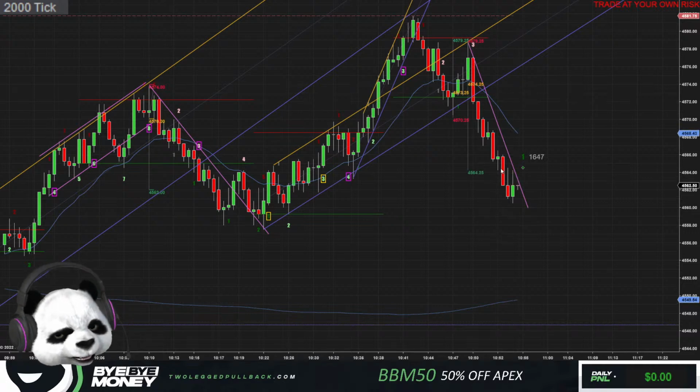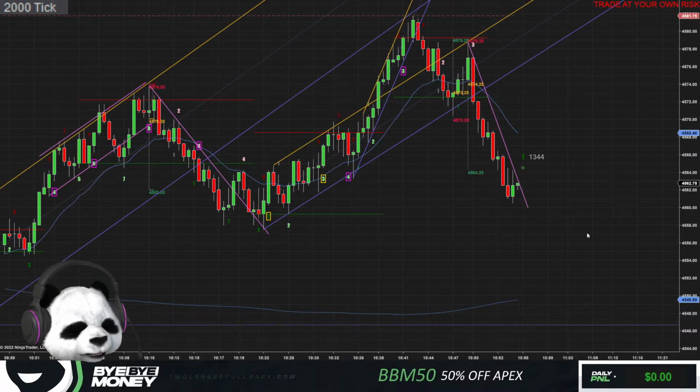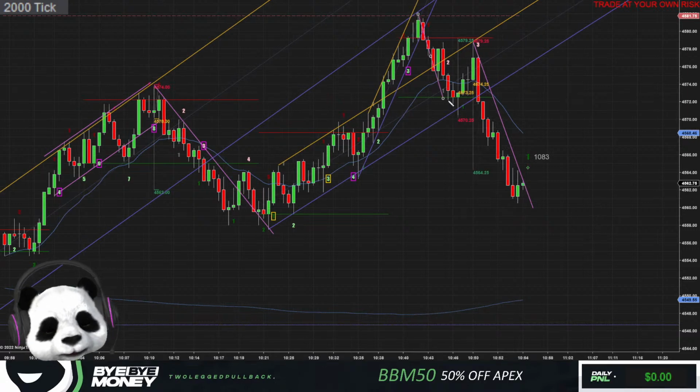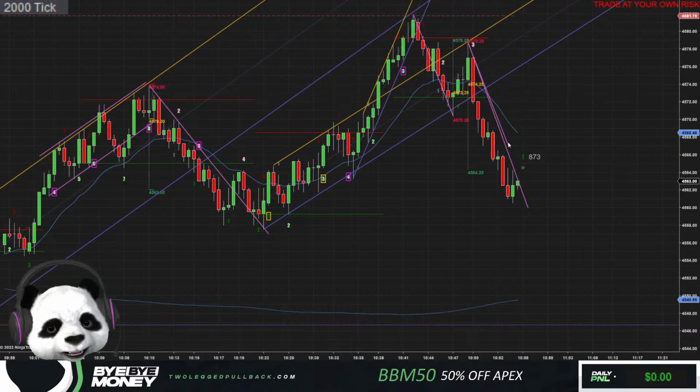In fact, we see a little bounce off that 2 times risk reward, and it pushes further down. Measure move also being hit. Measure move here. Right, that 2 times risk reward is more than that measure move, so.